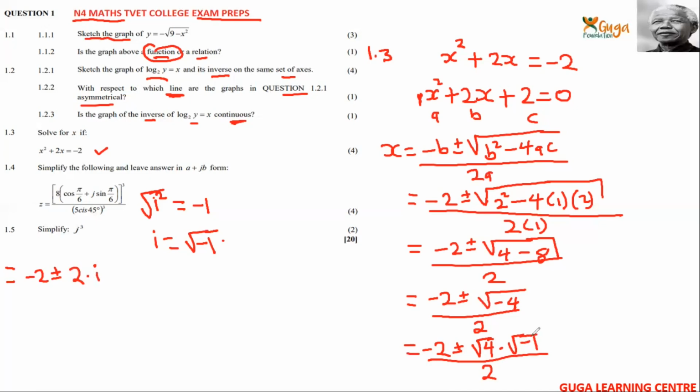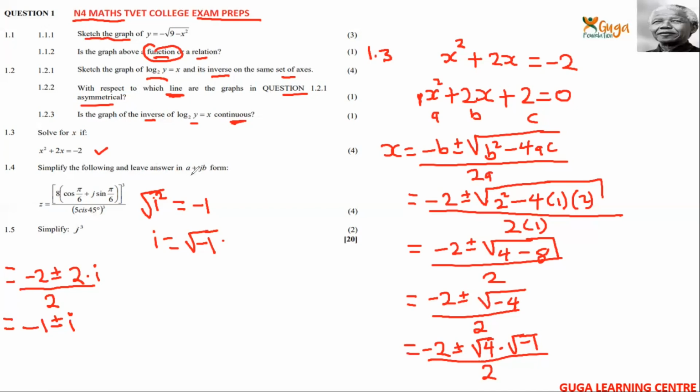We will substitute this by i, all over 2, and then everything is divided by 2. It should be -1 minus or plus i, right? 2 cancels and 2 cancels, 1 1. Okay, so now 1.4.